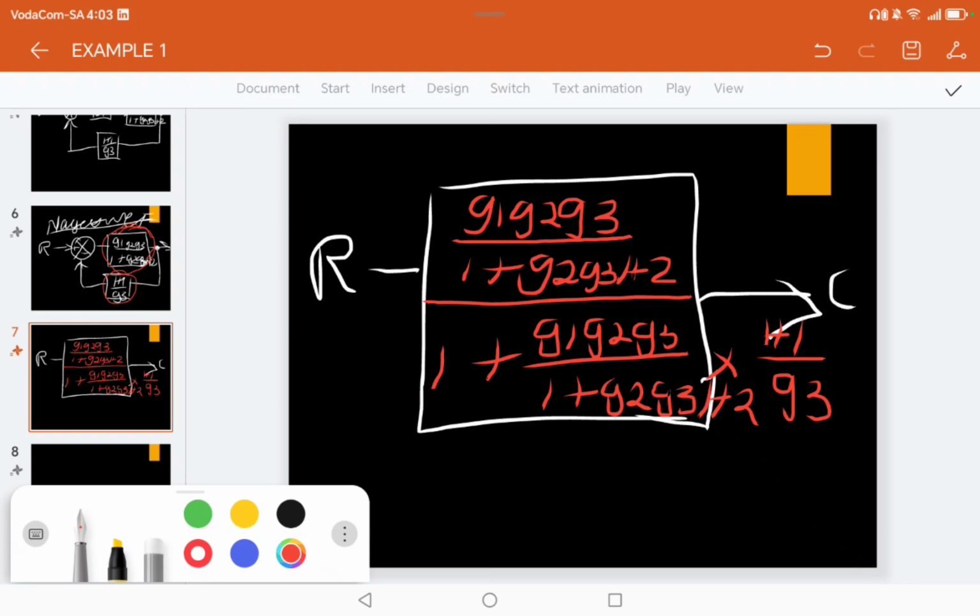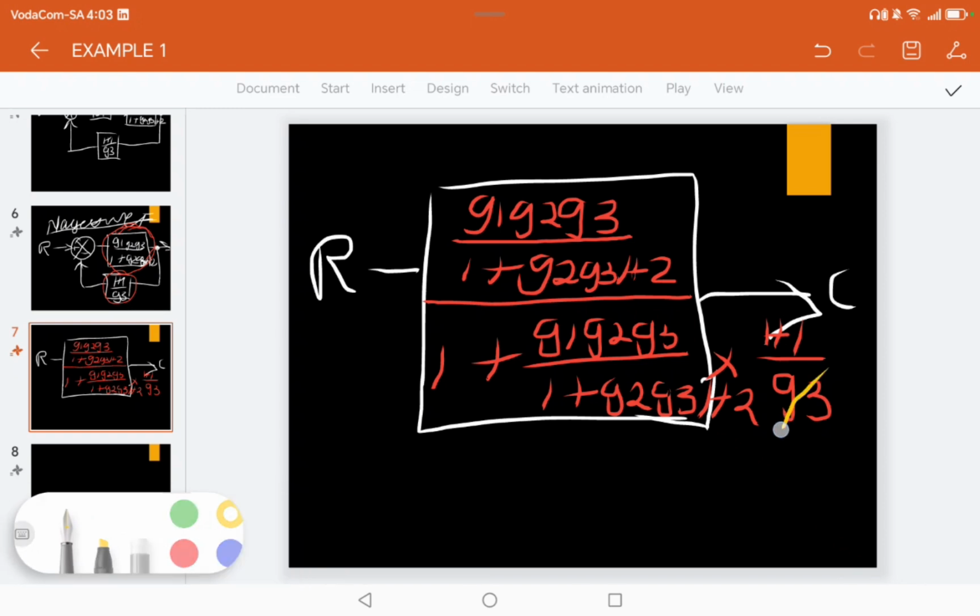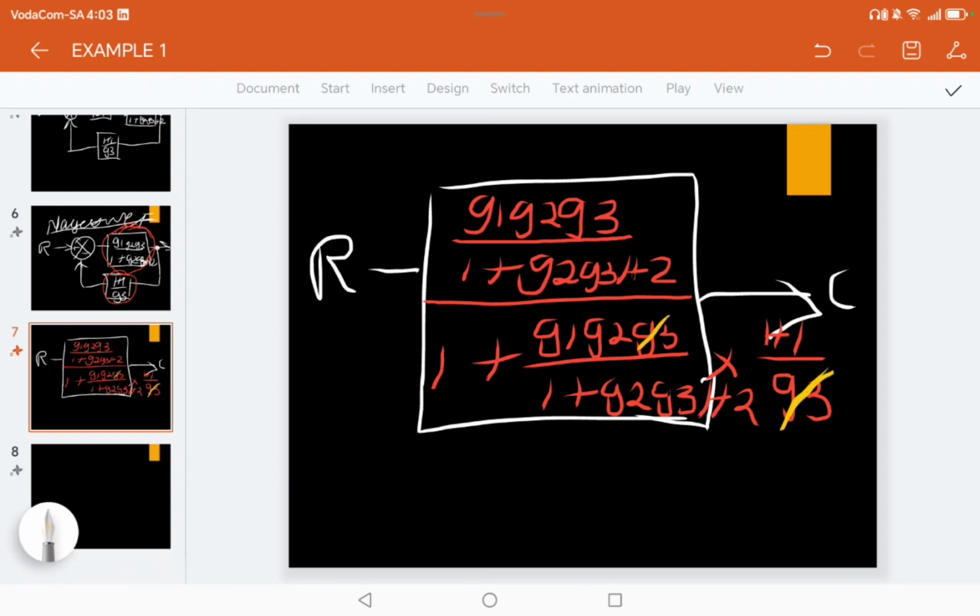Then, as you can see, this can cancel this. After canceling this, we can then make this the highest common factor. After making this the highest common factor, for sure, this is going to cancel this.